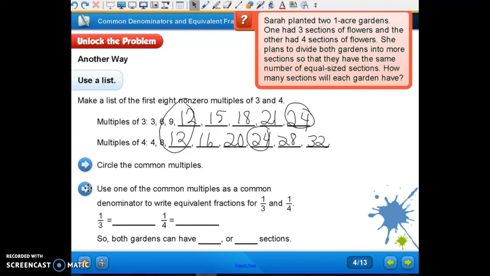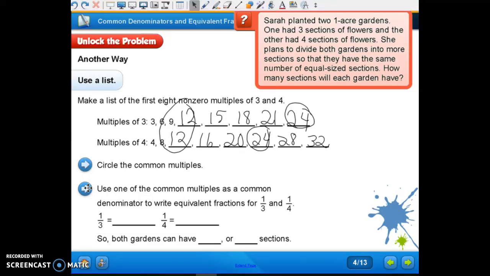Now, you could sure use 24, but the higher you go, the greater the chances you're going to have to simplify your answer. So I would always try and choose the least common multiple that they have.